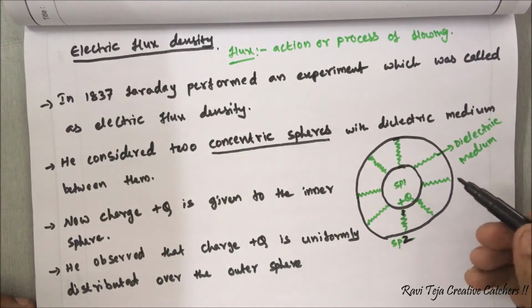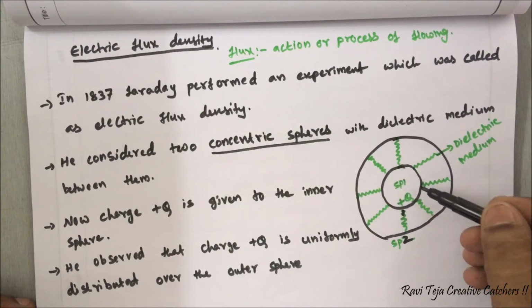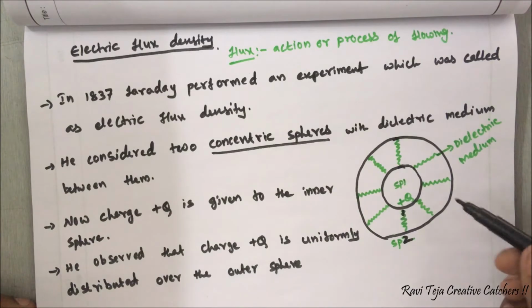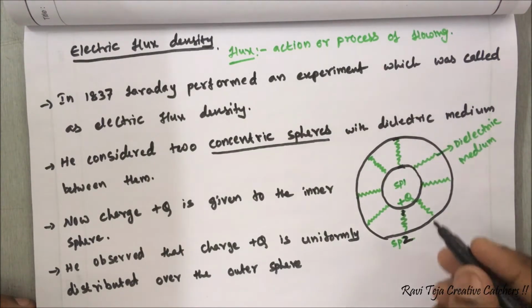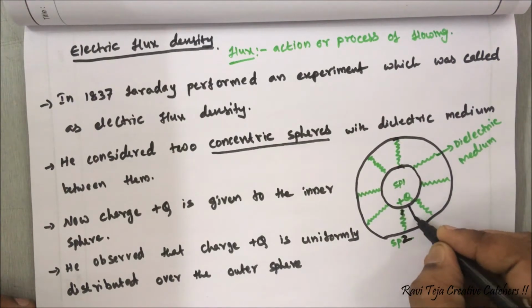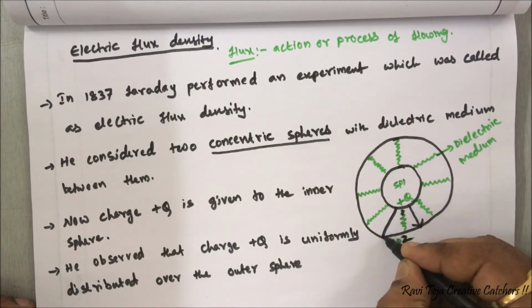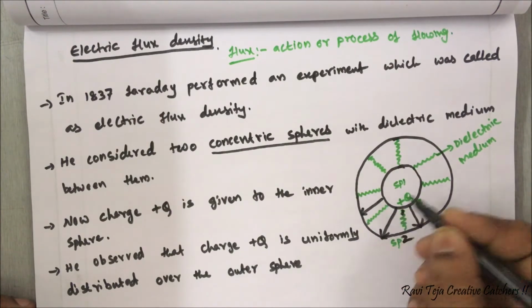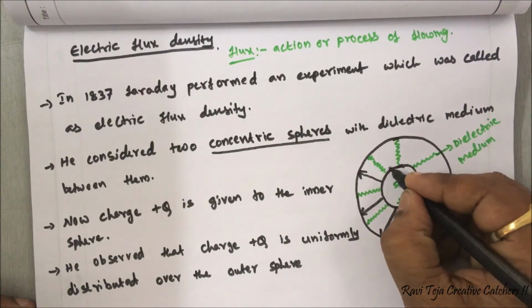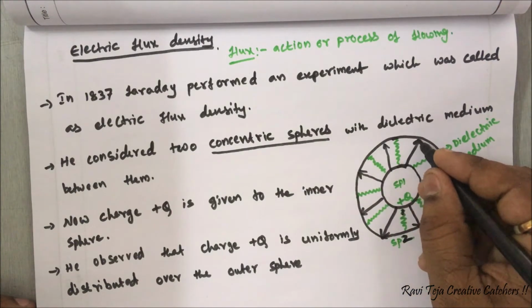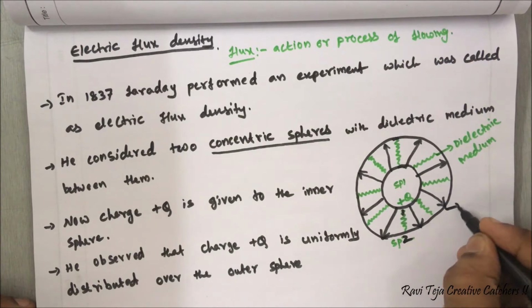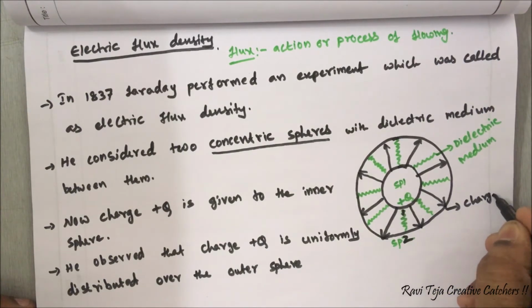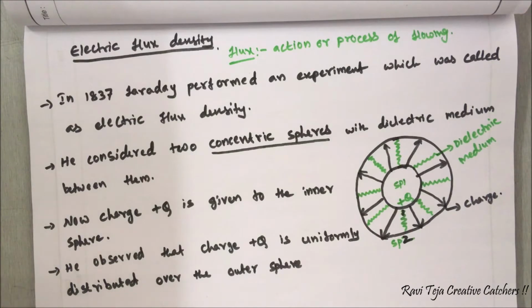Actually, the charge was provided to the inner sphere, but after some time what he observed is the charge has been uniformly distributed to the outer sphere. So let's make the charge indication. The charges have been uniformly distributed to the outer sphere, even though it has a dielectric medium. This is charge.